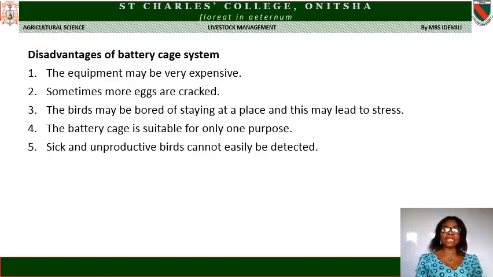Number 4, the battery cage is unsuitable for other purposes. It is just for one purpose, for laying hens alone. Number 5, sick and unproductive birds cannot easily be detected because they are not moving around. So the farmer cannot easily detect birds that are sick.